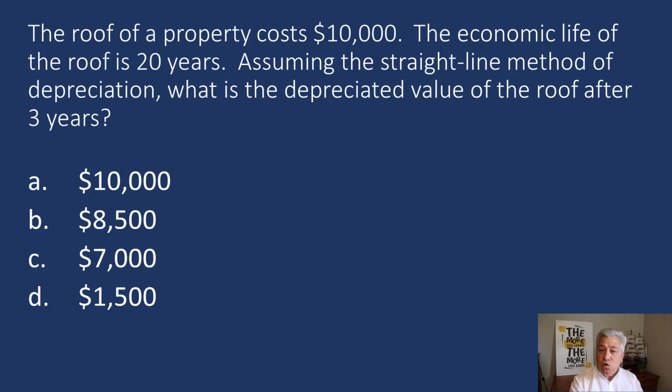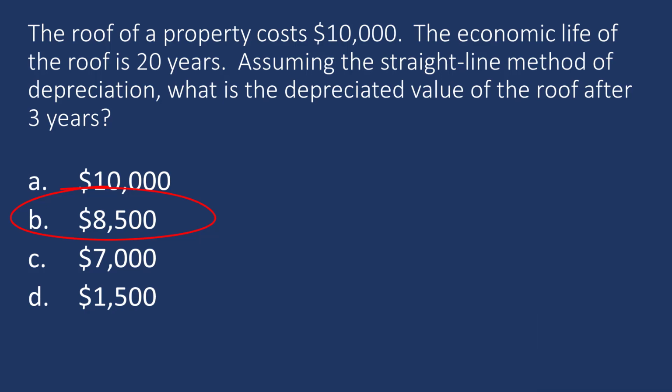That means on a straight line basis, this roof loses $500 value per year. And if we multiply the $500 per year times the 3 years of life so far, that's $1,500. So if the original value was $10,000 and it's now lost $1,500 in value, the remaining value would be B, $8,500.